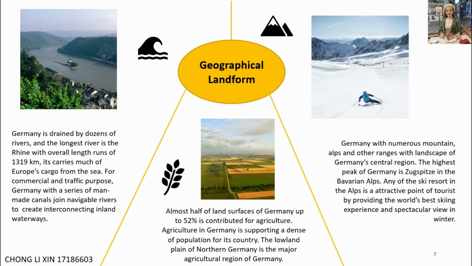Germany also has a lot of mountains, the Alps and other ranges, in the central region. The highest peak of Germany is Zugspitze in the Bavarian Alps. For your information, the ski resorts in the Alps are an attractive point for tourists, providing the world's best skiing experience and spectacular views in the winter.